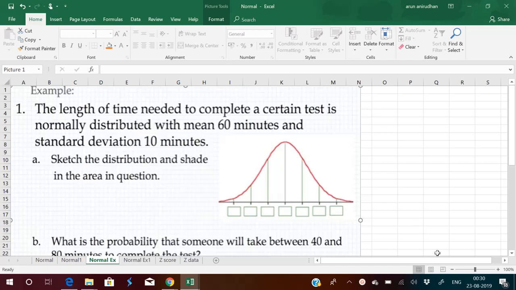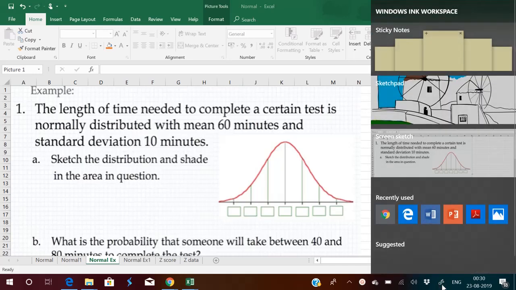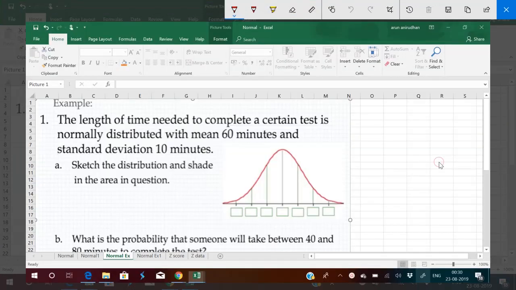So let us see how we can find the values in the boxes. Okay, so what is the average? That is mean, mu, that is 60, and standard deviation is 10.